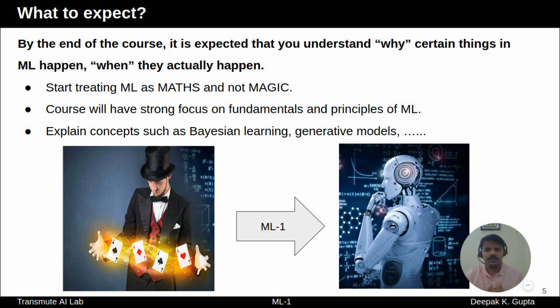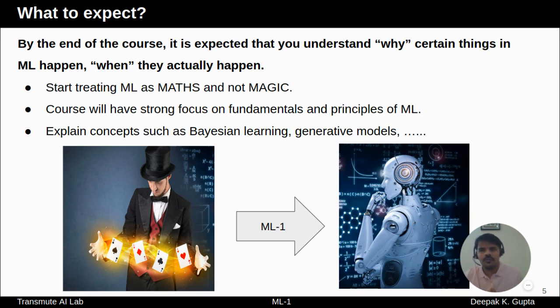But that is not what you should expect. What this course expects from you is that you stop treating machine learning as magic. You have to start understanding what's going on behind the method itself. So the first important takeaway from this course is that you start treating ML as maths and not magic.